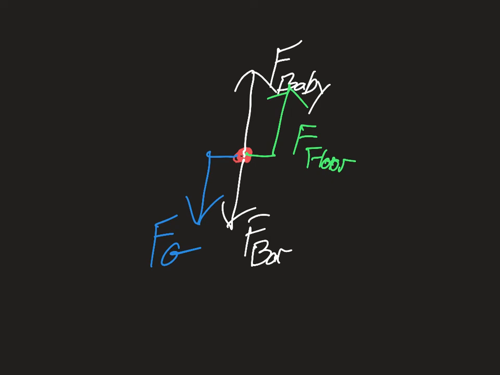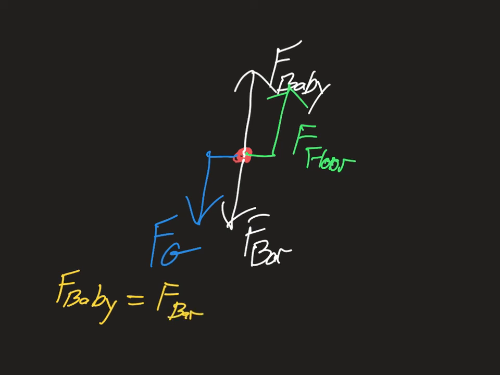And we can write out some equivalencies in this. Because of Newton's third law, what we have now is Newton's third law pairs. And so all that means is that F of baby is equal to the force of bar.